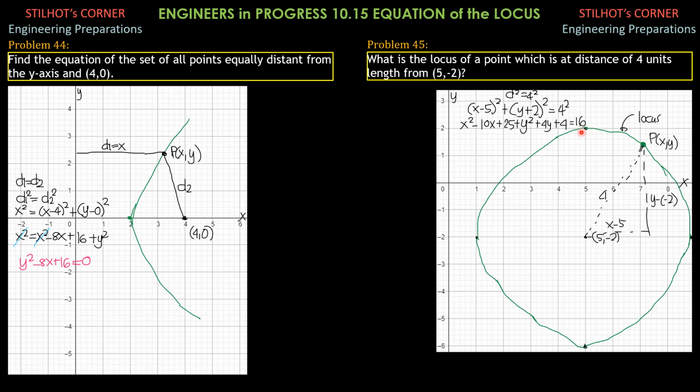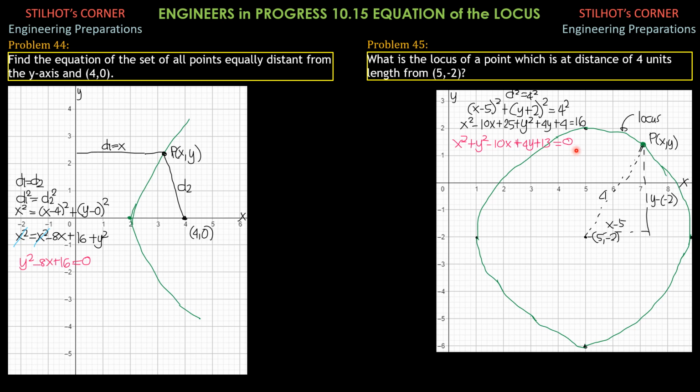So we simplify the equation. So 25 plus 4 is 29 minus 16 is 13. So therefore the equation of the locus is x squared plus y squared minus 10x plus 4y plus 13 equals 0.